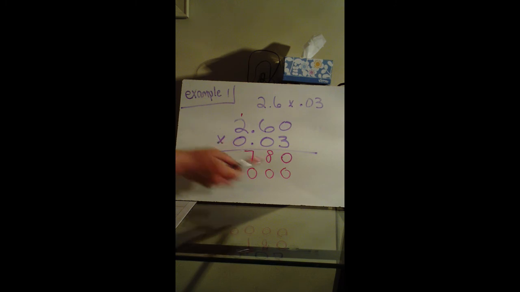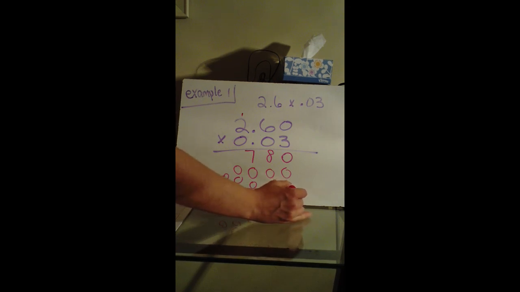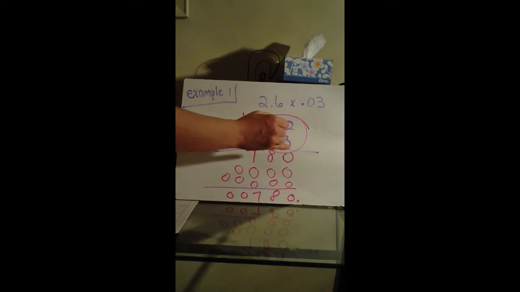Now I'm ready to move to my third 0. I have 2 zeros to hold my place. And now 0 times 0 is 0, 0 times 6 is 0, and 0 times 2 is 0. So now I'm ready to add my columns: 0, 8, 7, 0, 0. I start here, look at the total number of numbers after the decimal, 1, 2, 3, 4.